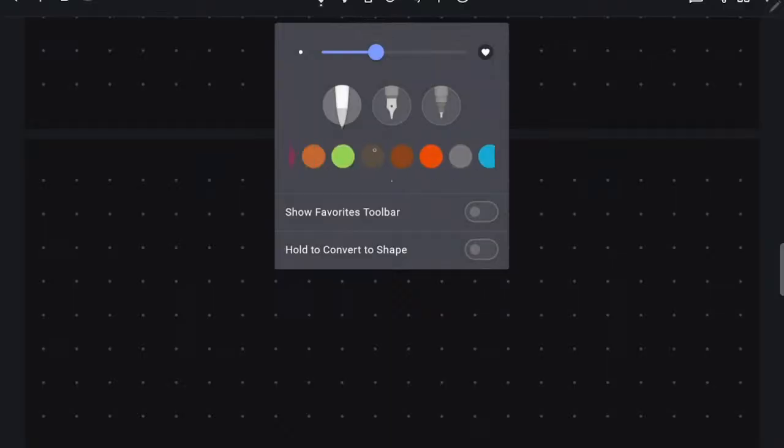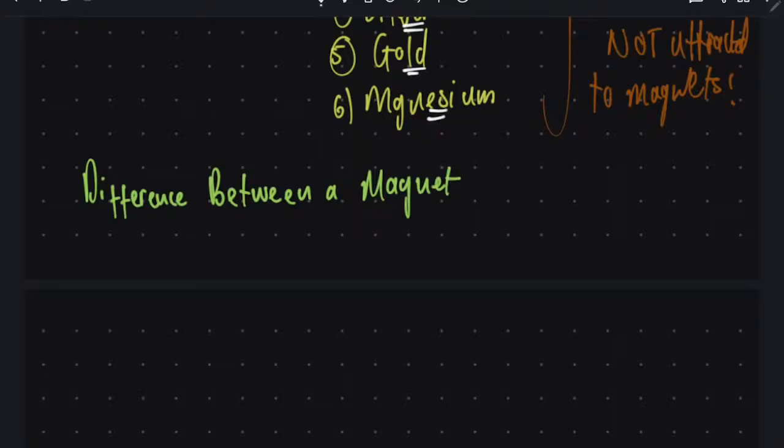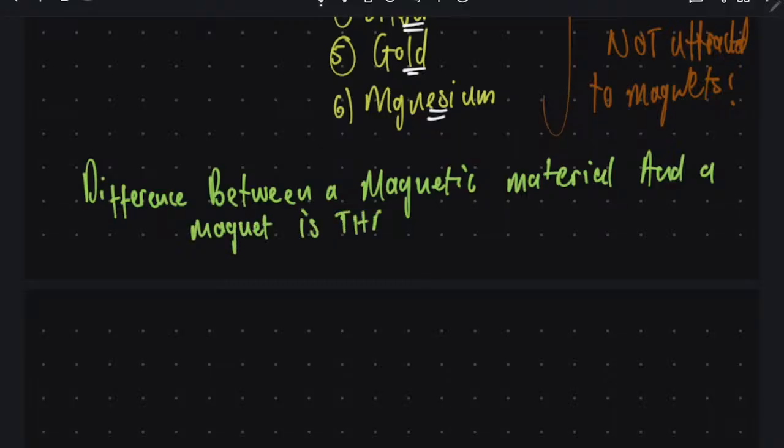Now, you should just write this. Difference between a magnetic material and a magnet is that a magnetic material, sorry, let me do that.